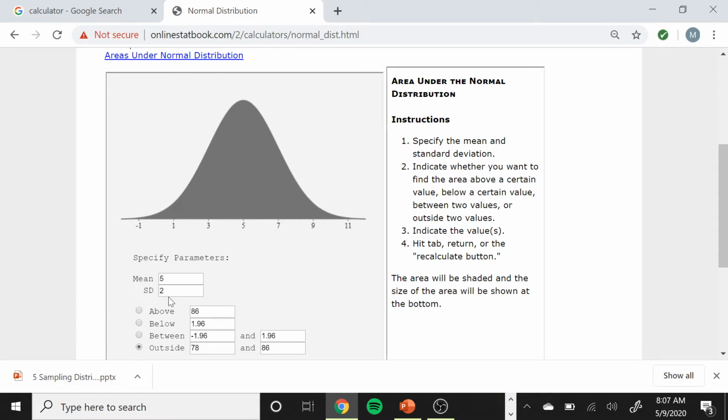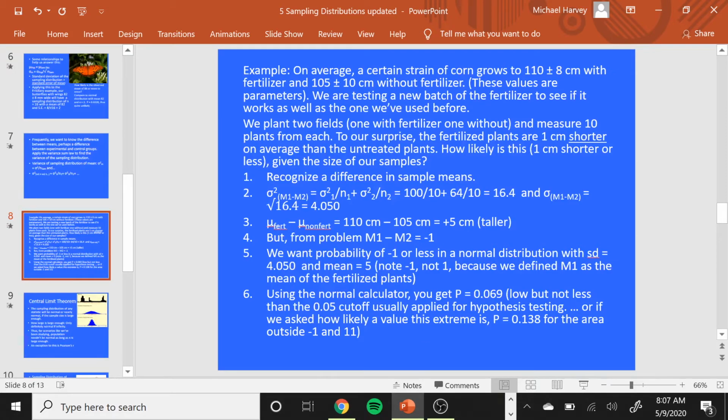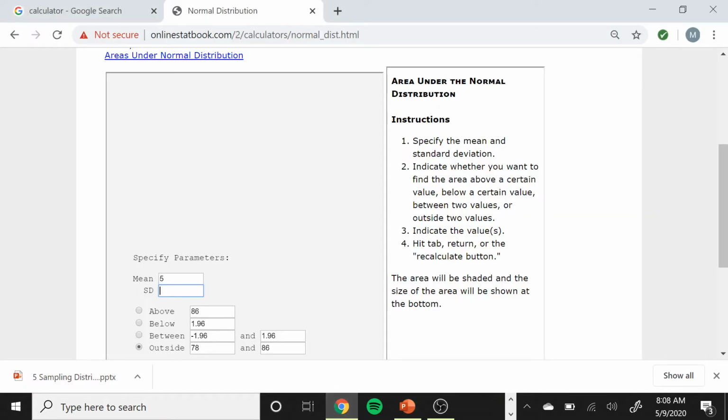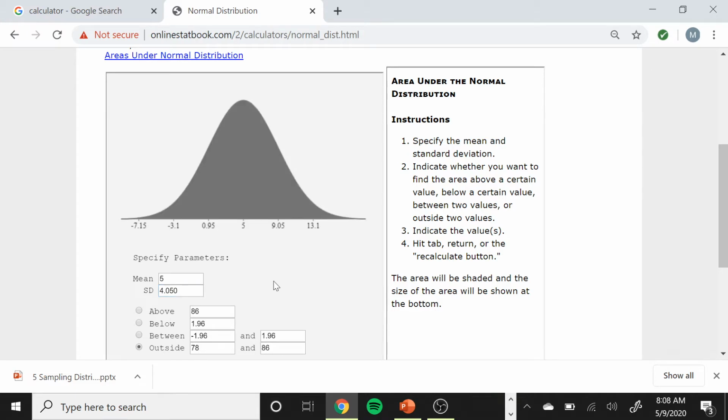Now, what is the standard deviation? Since we're working with a sampling distribution, what we need for the standard deviation is the value we calculated here. So I'm just going to copy that. I did that with a calculator earlier. I think y'all can probably handle that part of it. So we're going to put that in here.